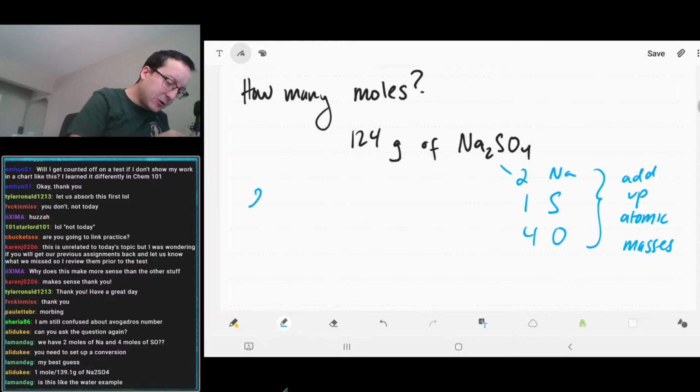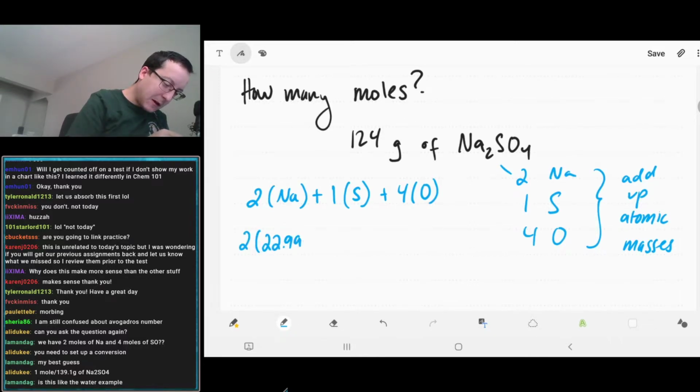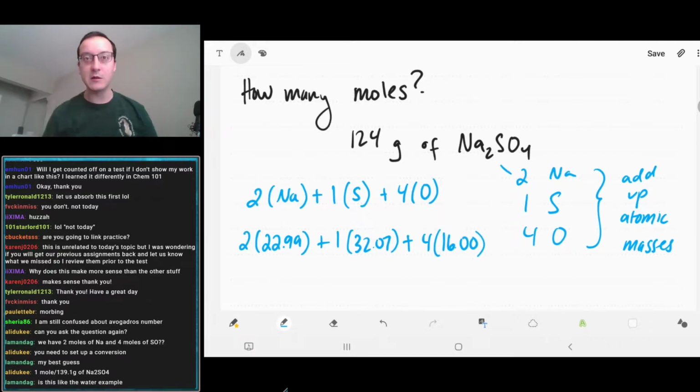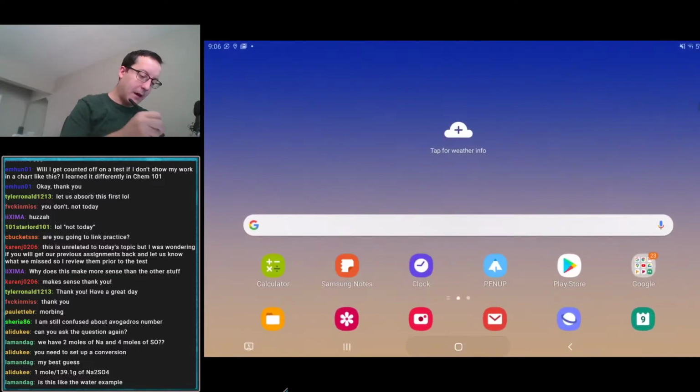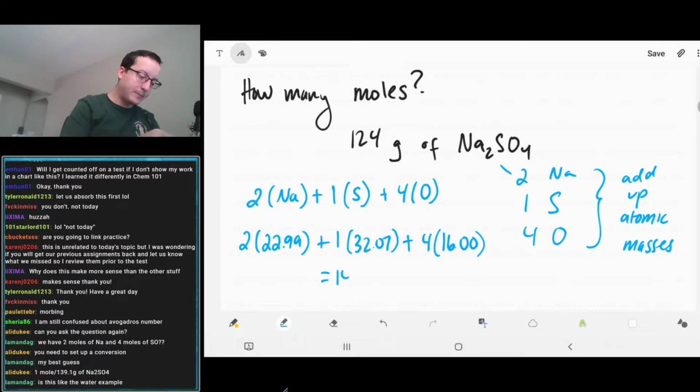So you should have 2 sodiums plus 1 sulfur plus 4 oxygens, which will be 2 times 22.99 plus 1 times 32.07 plus 4 times 16. Again, those numbers are from the periodic table. When I did this, I got 142.04. I totally could have punched something in wrong, but go ahead, double check, see if I'm crazy.